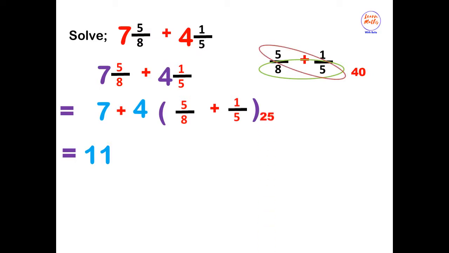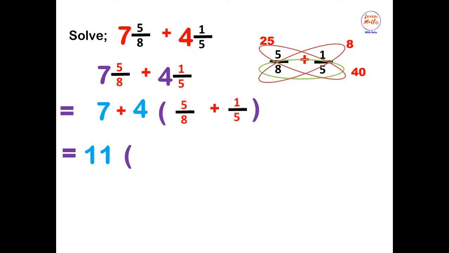Then 5 times 5 is 25. Can you see that I wrote the 25 beside the circle because I don't want things to be muddled up. Then 8 times 1 is 8. Very easy. So we have 8 times 5 is 40. Then 5 times 5 is 25. Then 8 times 1 is 8.